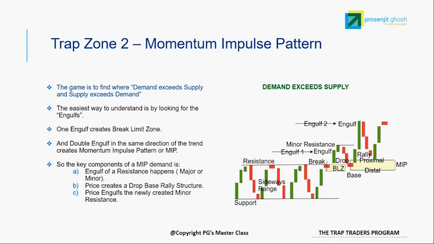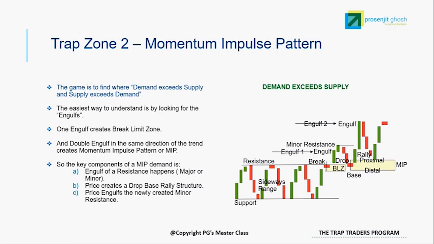So this is how the MIP structure forms. There will be two engulfs of two resistances back to back. Obviously price is breaking resistance in a trend, right? So price is in an uptrend and price is breaking the resistances and creating MIPs.